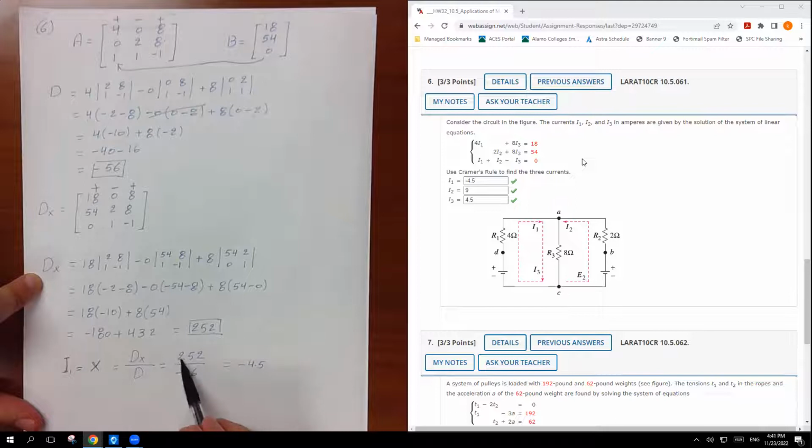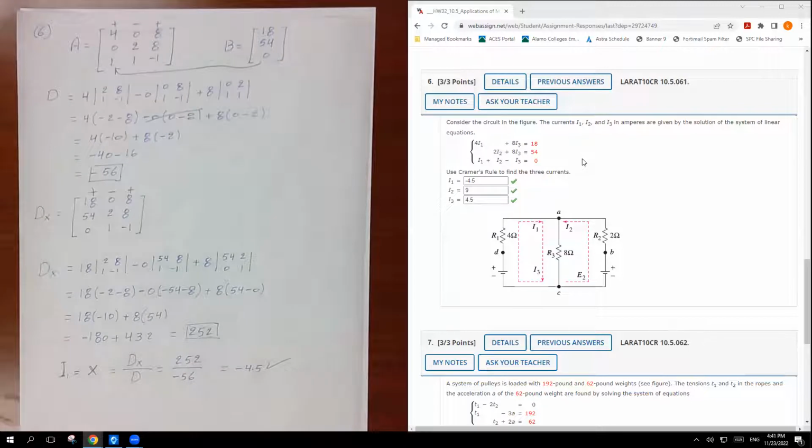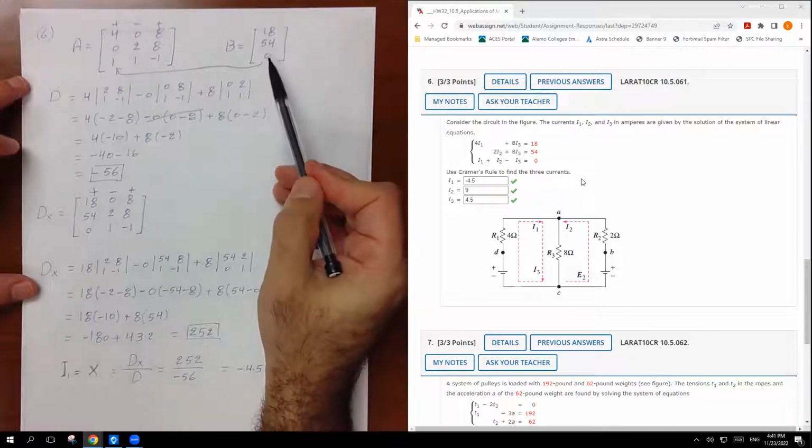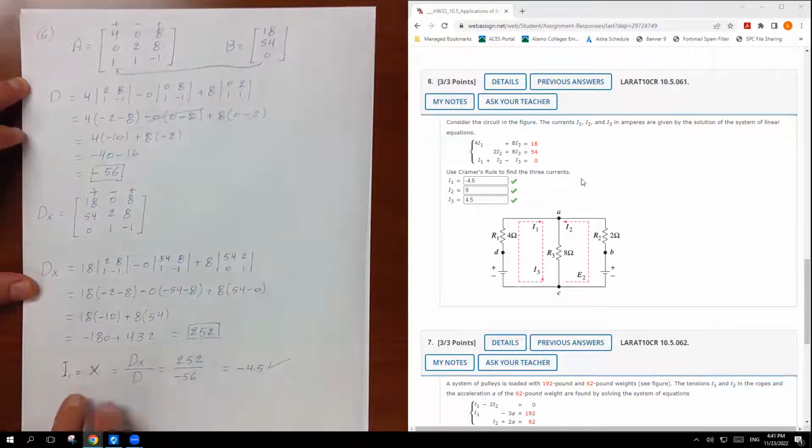So it's going to be 252 divided by negative 56, which is equal negative 4.5. So this is the value of x or for I1. So we put here negative 4.5. Now, next step, we're going to find dy by substituting b for the second column.